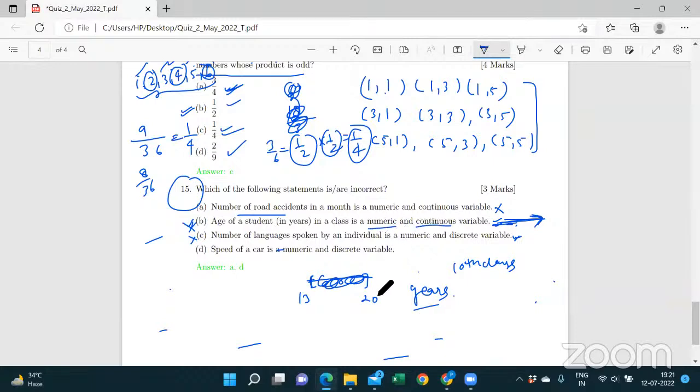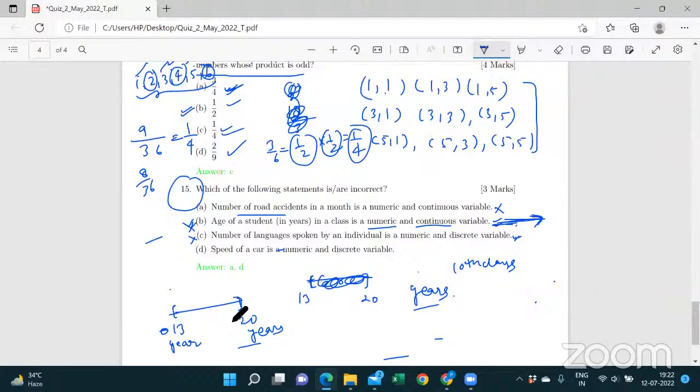But here they have mentioned in years, so the confusion is because of this bracket, sir. Otherwise, we all know that age is a continuous variable. Let me clarify this. Suppose the lower age is 13 years and the maximum is 20 years for a class of students of class 10.